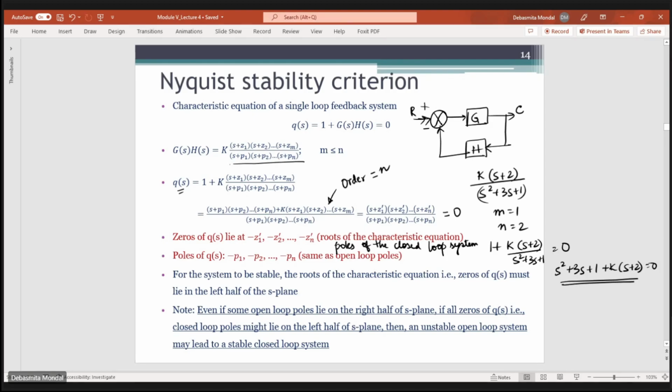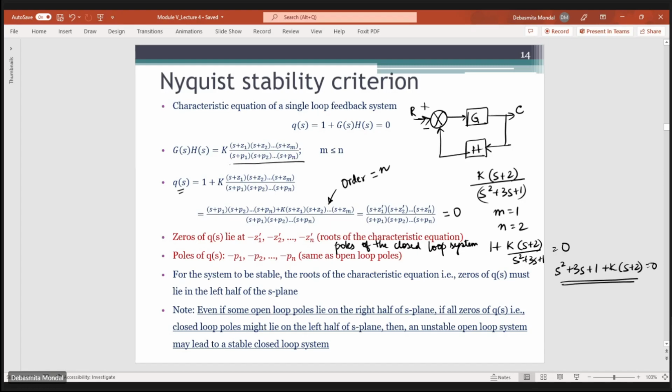Okay, in that case also, depending on the feedback mechanism you have, it might so happen that all the zeros of Qs, which means the poles of the closed loop system, lie on the left half of the S-plane, even though the open loop system is unstable.